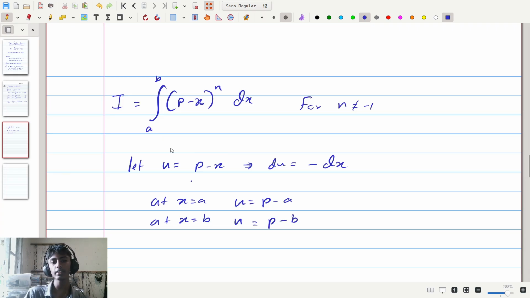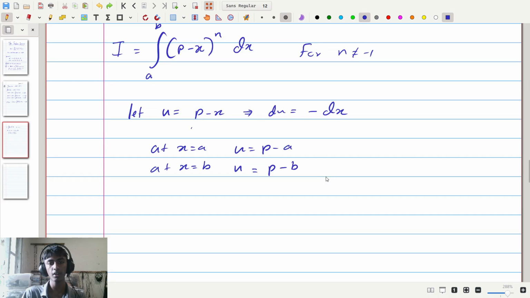So then using these new limits and this expression here, we can write that this integral I is also going to be equal to the integral from the lower value, which is going to be p minus a, to the upper value, which is going to be p minus b, of u to the power of n.